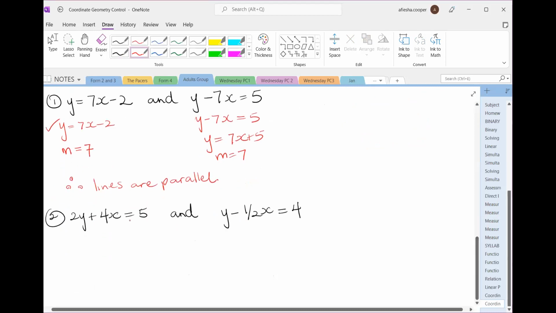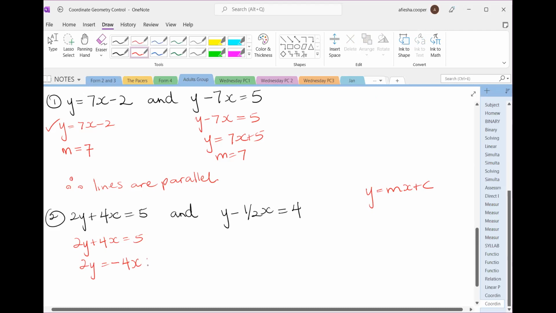Okay, so for the second one, again, not in any format, so we would put it in a format. Remember, the format is y is equal to mx plus c. So we remove the 4x, so that's going to be 2y is equal to negative 4x plus 5. I'm putting the x in front because the x has to be in front, right?